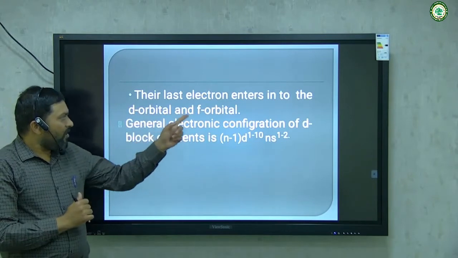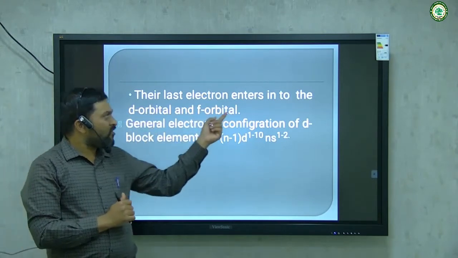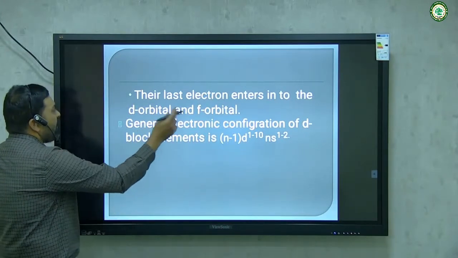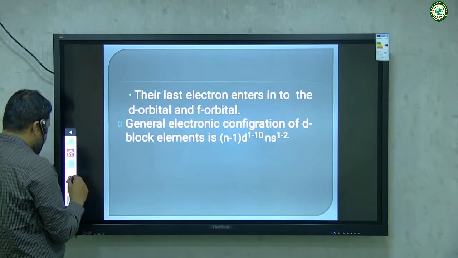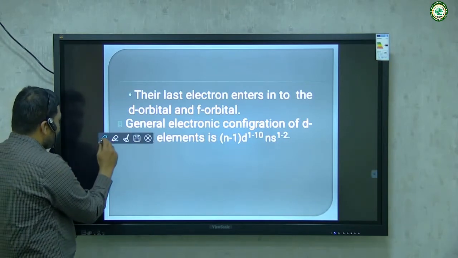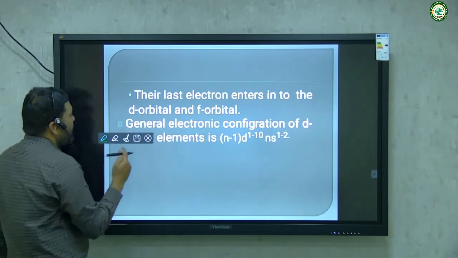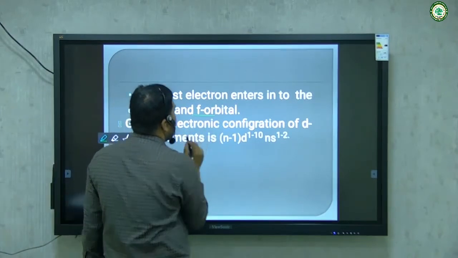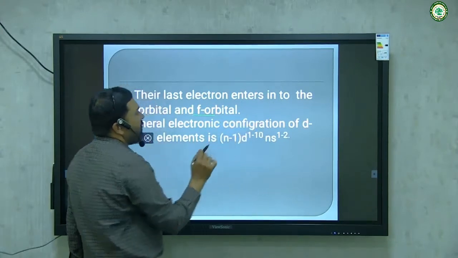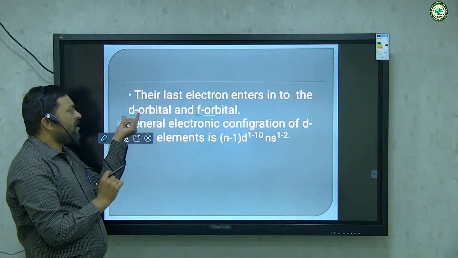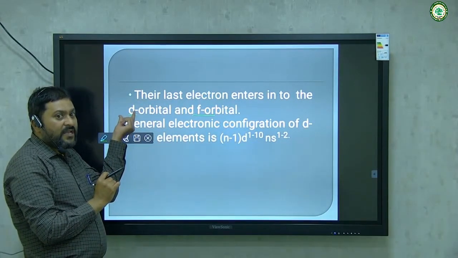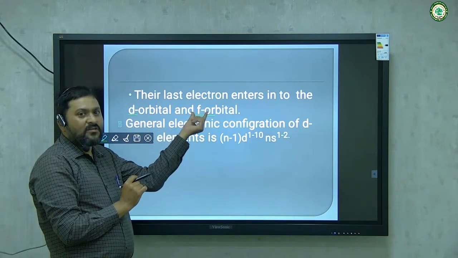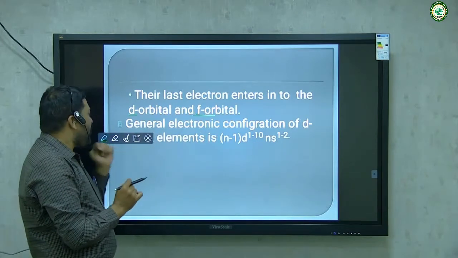The D block elements are those whose last electron enters into the d orbital, and the f block elements are those in which the last electron enters into the f orbital. Here the combined definitions are given for both d orbital and f orbital.